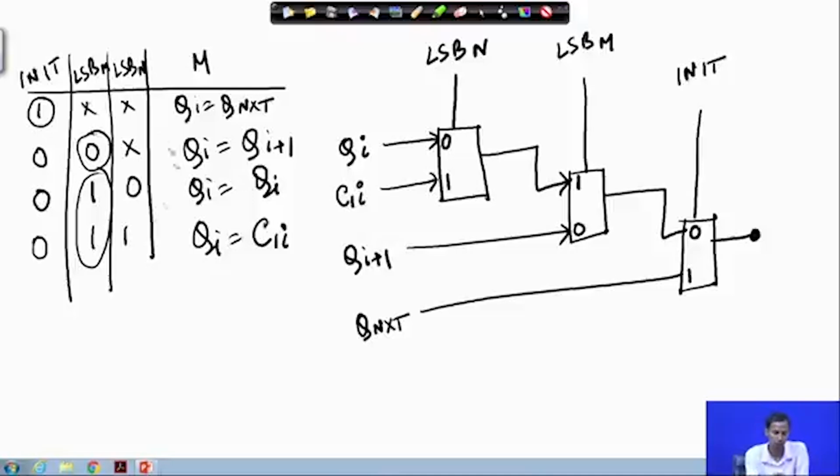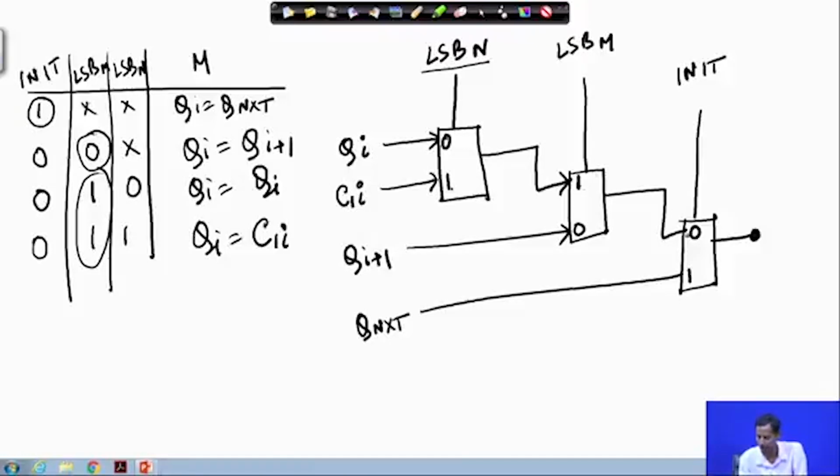So, here you see how we are implementing this particular table using this particular circuit. So, whenever LSB n equals to 0 or 1 and LSB m equals to 1.